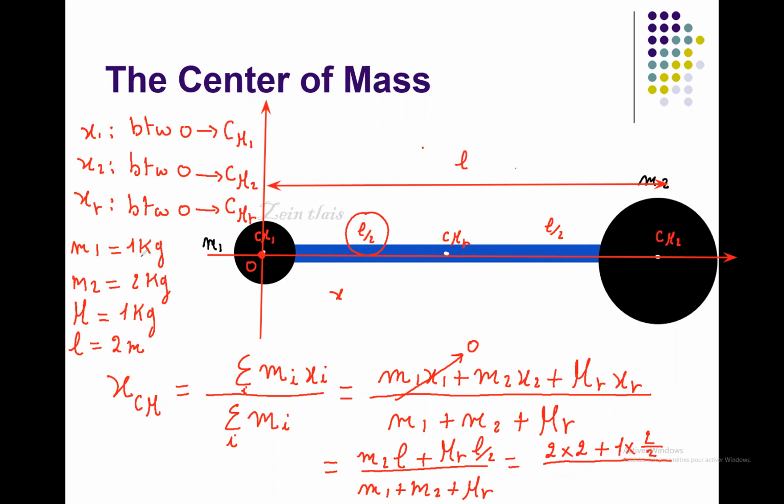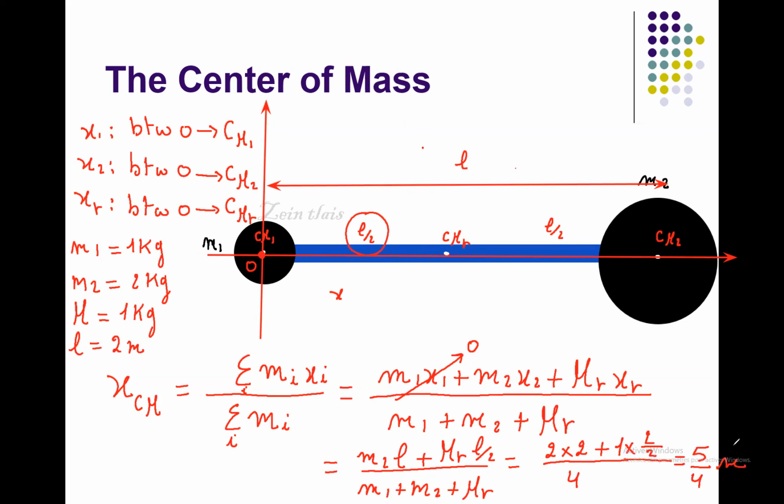Here we have 1 plus 2, 3, plus 1, 4. We get here 4 plus 1, 5 over 4 meter.